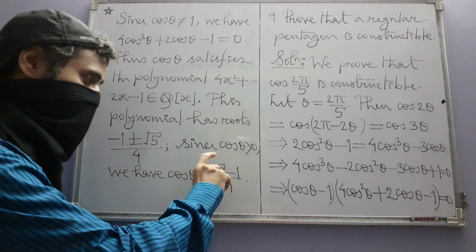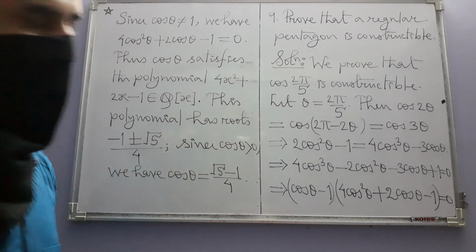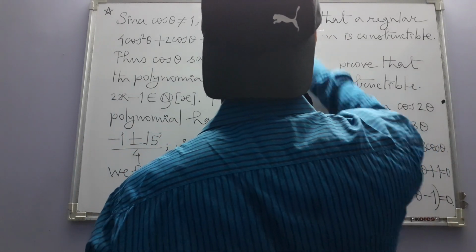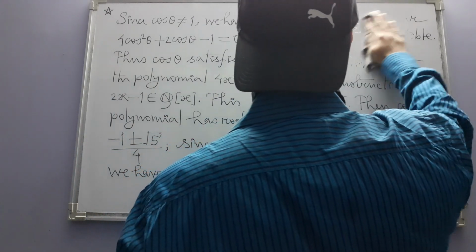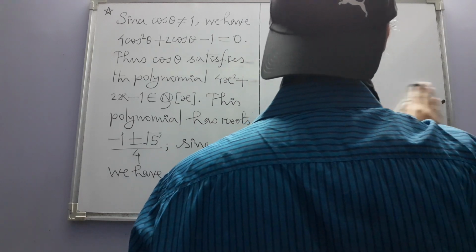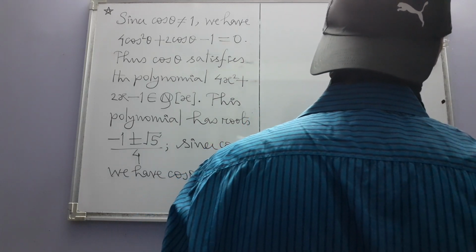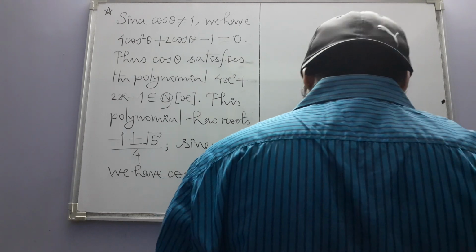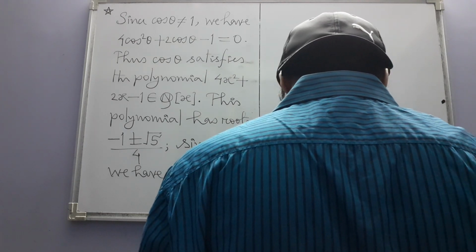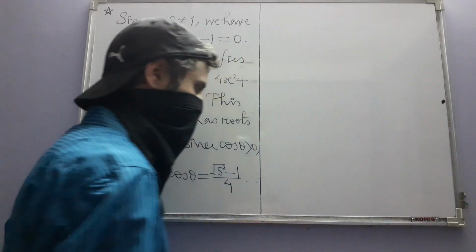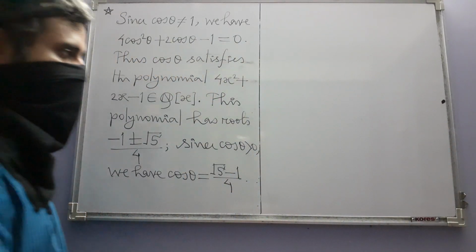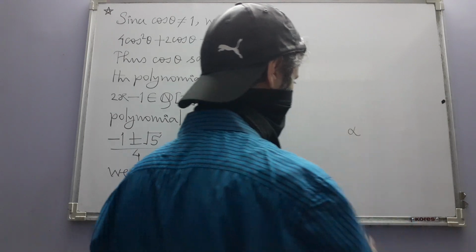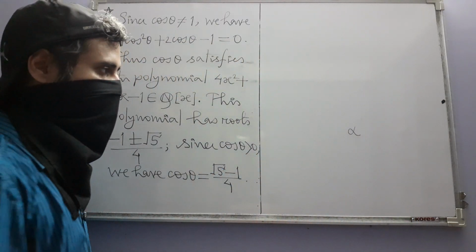Now, is this number constructible? That's the question. It is constructible, and it will come from our main result, theorem 5.41, I think. Let's recall theorem 5.41. What was it? Say you are given a real number alpha.